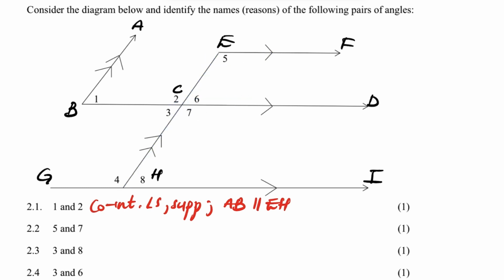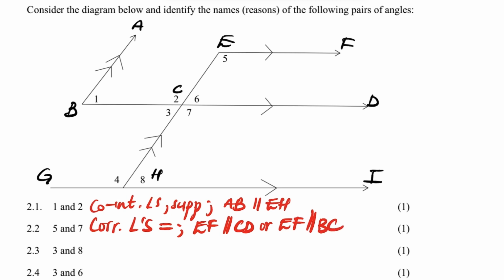We call those corresponding angles, equal, because the parallel lines there are EF and CD. Or you can say EF is parallel to BD, which is the whole line there.